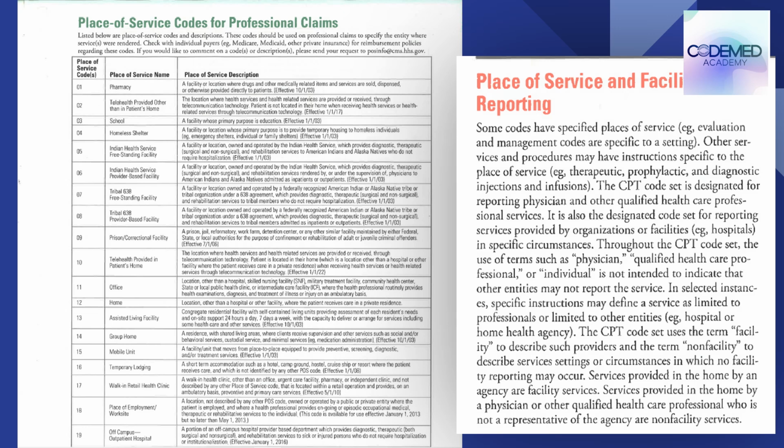If you see here closely, the place of service codes are given and the place of service names are given. So whenever the service is given in the office, the place of service code for that is 11. So this is very important. You should just go through it.